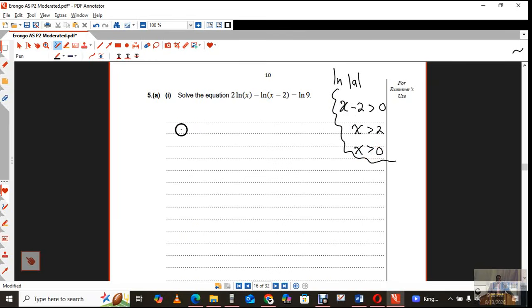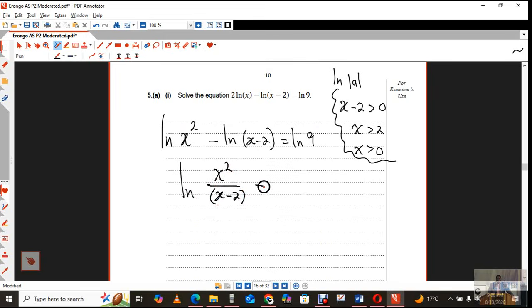Now, how do you do this? Well, this is quite straightforward. It's ln x squared minus ln of x minus 2 is equal to ln 9. You have subtraction here, so you are going to be dividing. So you have x squared upon x minus 2, put this in brackets, is equal to the natural log of 9. You can go ahead and drop those natural logs, so you have x squared over this, and you can put that 9 over 1.